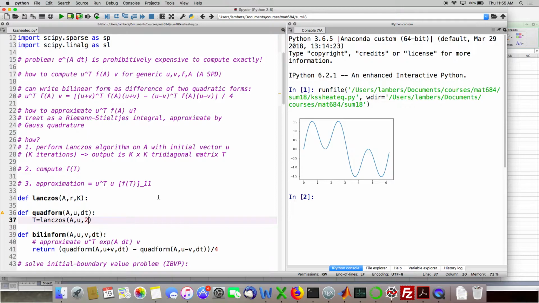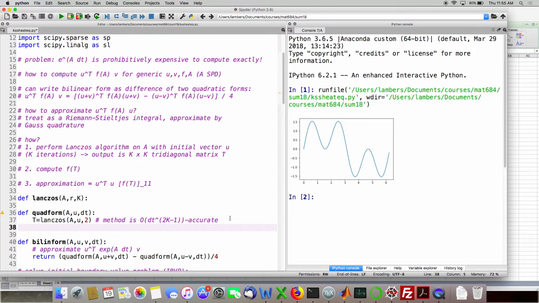In general, the order of accuracy of time stepping is 2K minus 1. So if I have K equal to 2, then I get third order accuracy, and that's what I want.